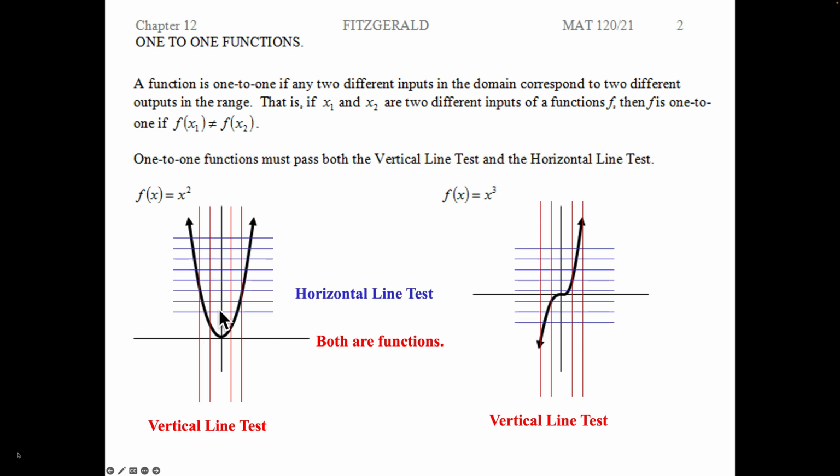So if I put horizontal lines on my graphs, okay, here we got a problem. Now the blue lines touch the graph in two locations. This is not one-to-one. It's still a function, just not a one-to-one function. Over on x cubed, all the blue lines touch only once, therefore that's a one-to-one function.